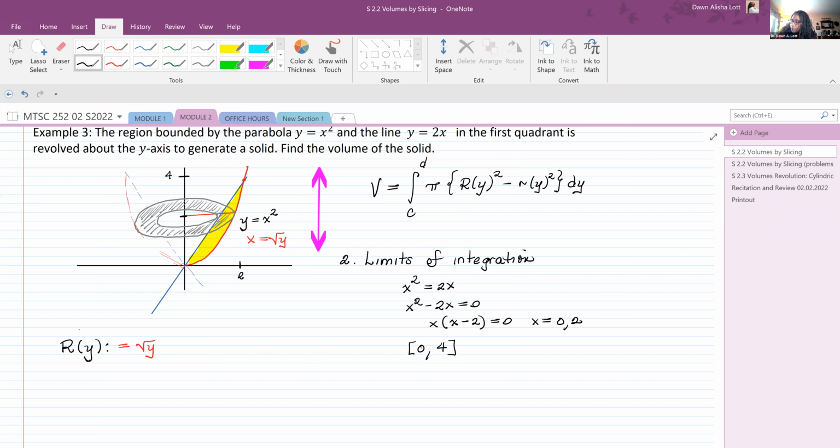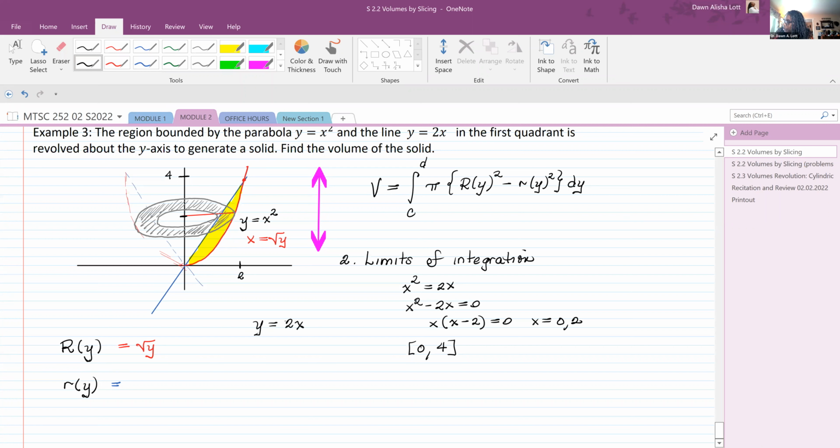Okay, my little radius also has to be a function of y. Is it going to be x equals 2y? Okay, solve for it. Is that Rodney? Yeah. Okay, so you have y is equal to 2x.